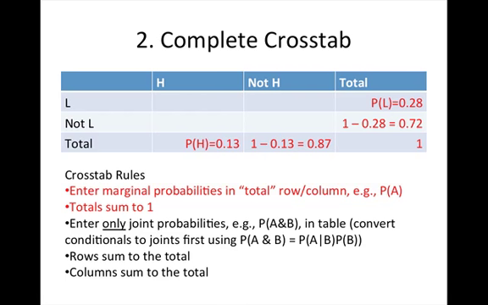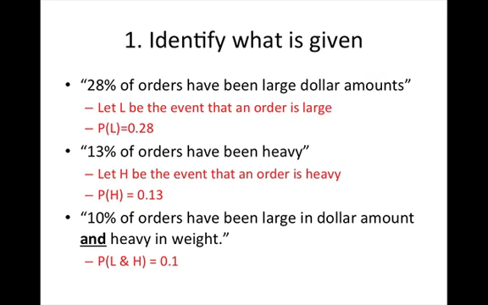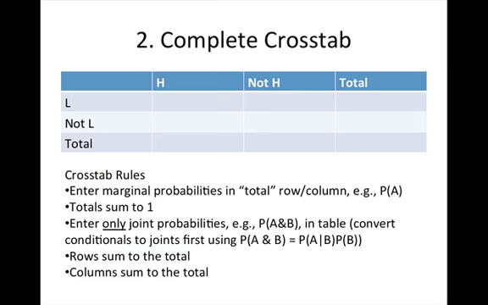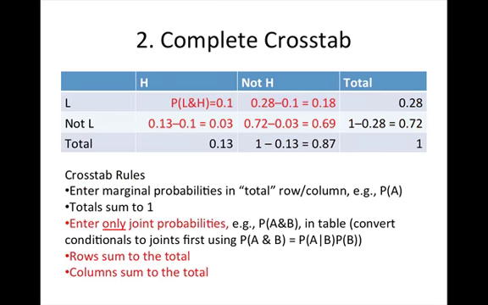Now the next rule is this. Enter only joint probabilities. So those are things like probability of A and B. Well, in this problem, remember we were given an L and H, so we're allowed to just drop that into the crosstab. And so I'll drop that into this cell up here. So the probability of L and H is 0.1.